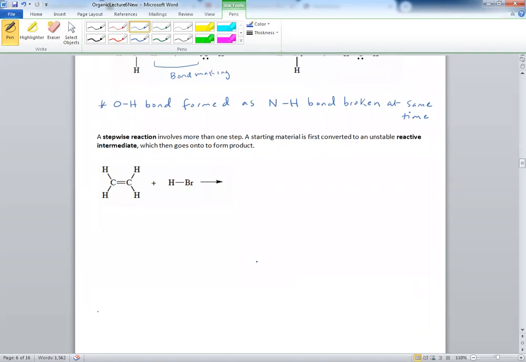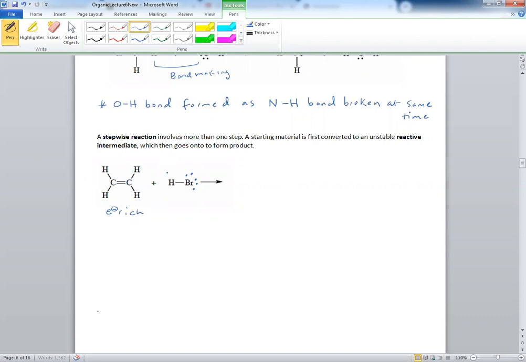Very well. So let's put the electrons on bromine. And of course, you need to start by identifying what is happening here. What's happening here is that this one is electron rich. Look at this double bond. There's plenty of electrons.